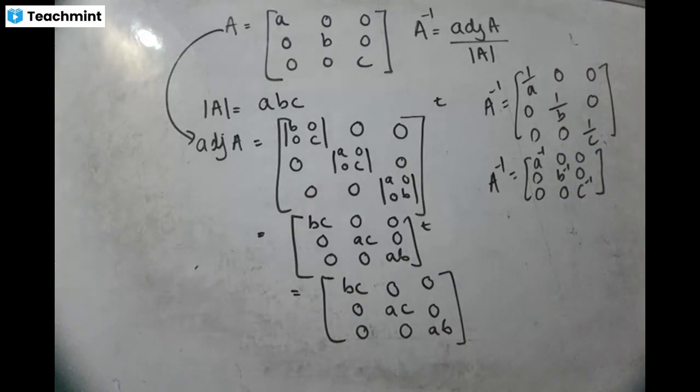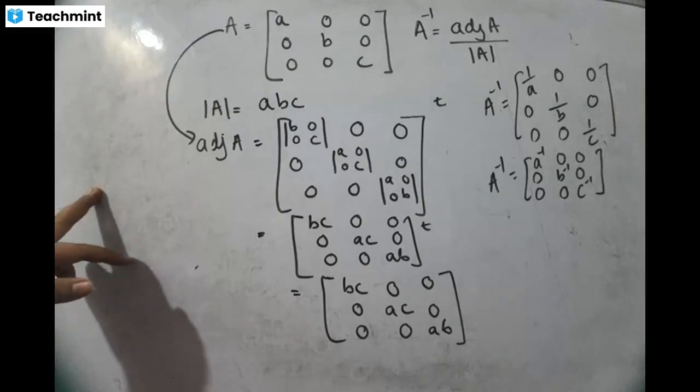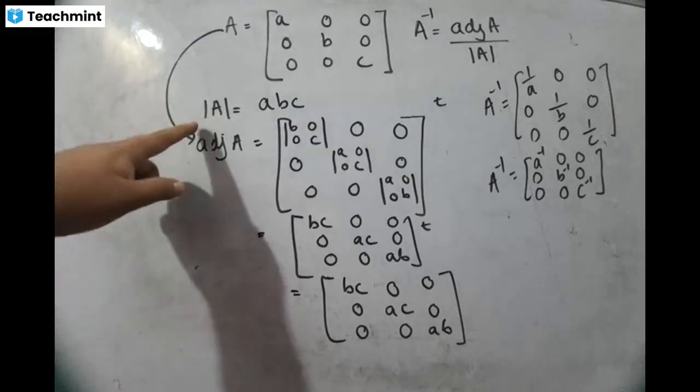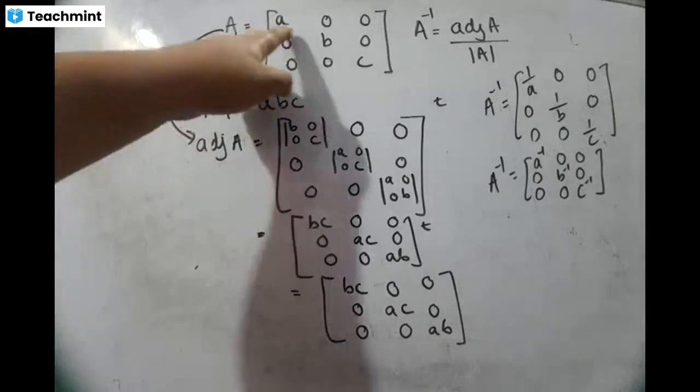So this is how you find out the inverse of a 3 cross 3 matrix. I'm going to teach you how to find the inverse of a 2 cross 2 matrix also, but in this case I used some techniques. And what were the techniques? The determinant of a diagonal matrix is the product of the diagonals.